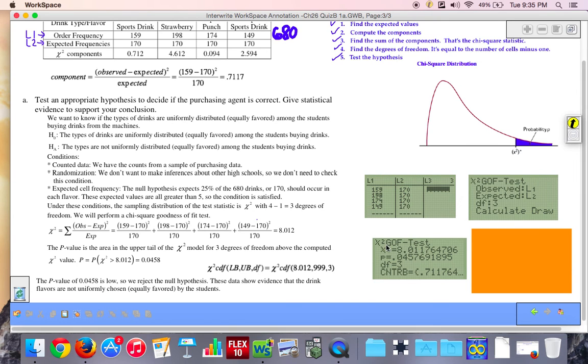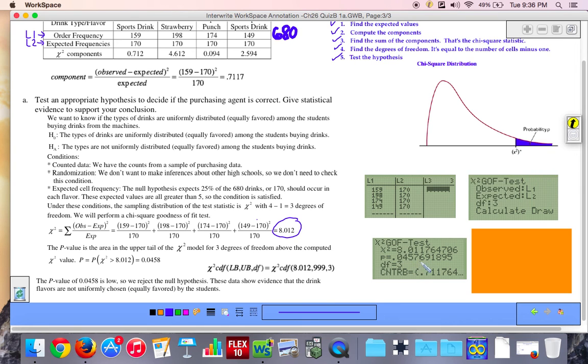Our chi-squared goodness of fit test gives us a chi-squared value of 8.012, which we got right here. That corresponds to our chi-square statistic when we did it the long way. It gives us our p-value of 0.045, which we know when the alpha level is not given, we assume an alpha level of 5%, and this number is less than 5%.